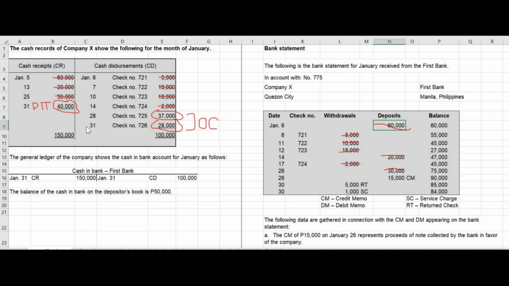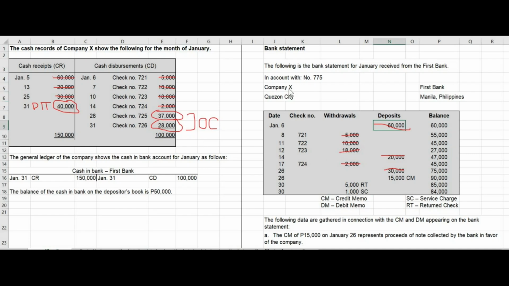So, we have already identified bank reconciling items na deposit in transit and outstanding checks. So, looking at your records here sa cash ledger, no, or cash and bank ledger, lahat na ay na-account na natin. No? So, yung mga hindi na-cash out, ibig sabihin mga reconciling items yun.